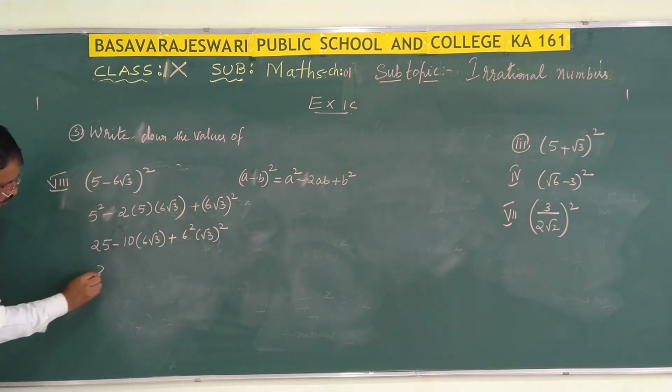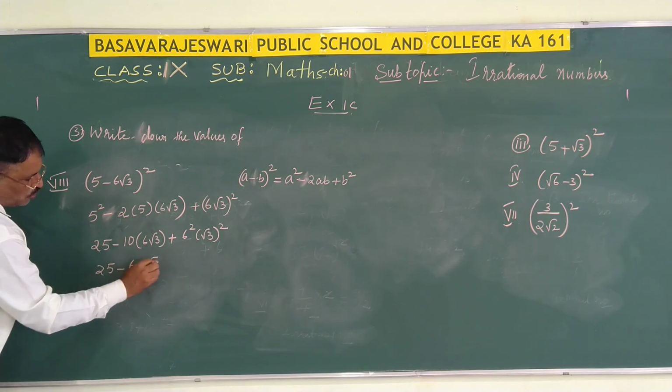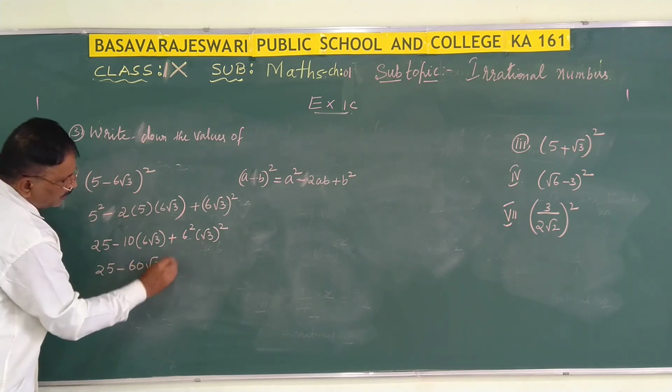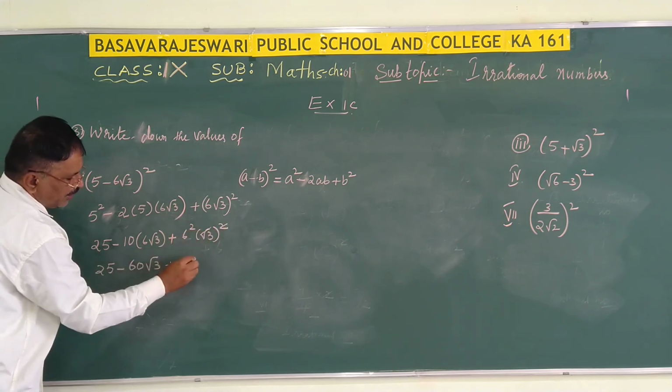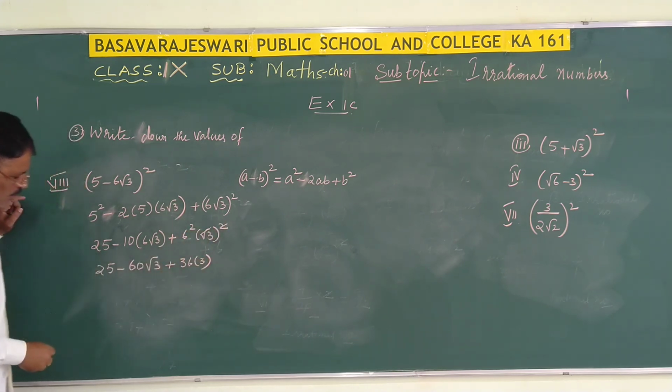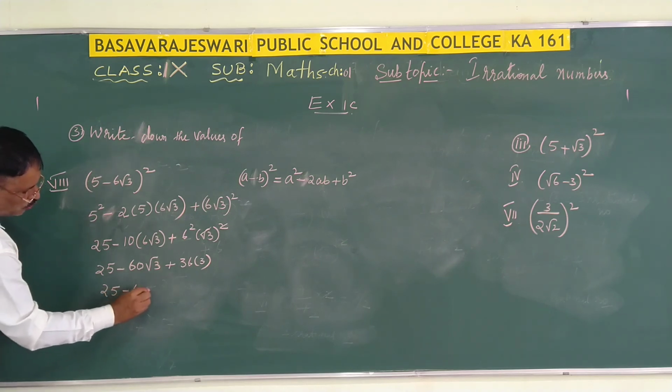Now this is 25 minus 10 times 6 is 60 root 3, plus 6 square is 36, and square and root 3 get cancelled into 3. Now this is 25 minus 60 root 3.